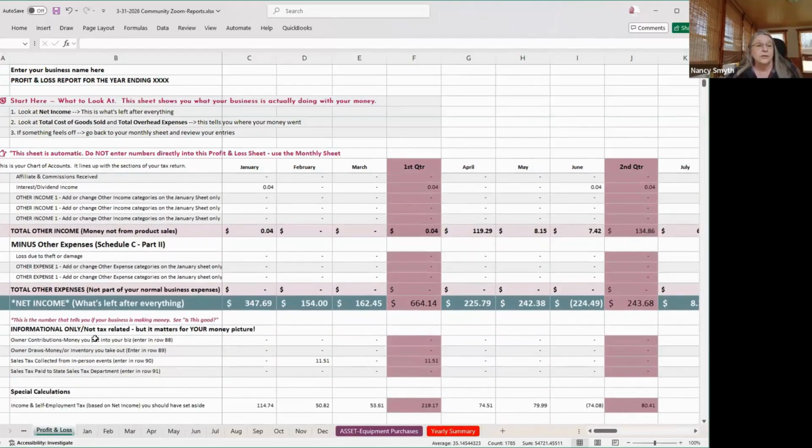So the other thing I did was I added an owner contributions and an owner's draw, because this is important too. I mean, you need to know how much money you're dumping into your business that comes out of the family budget. Because at some point, you have to sit back and evaluate things and say, this really isn't a business.